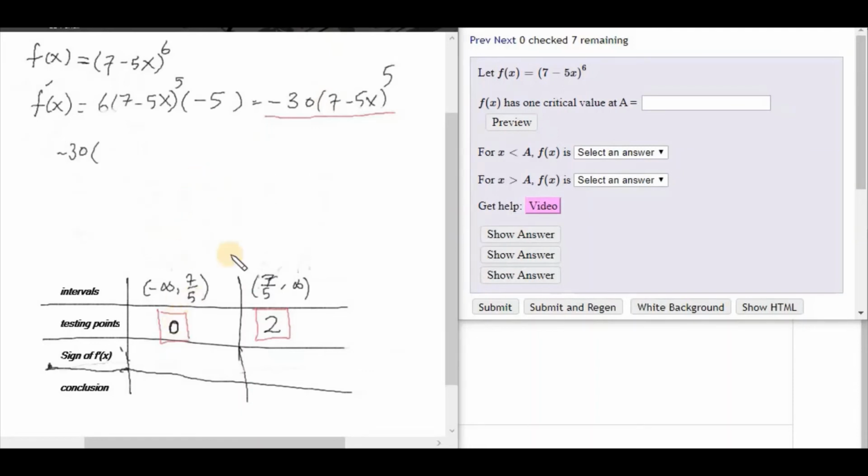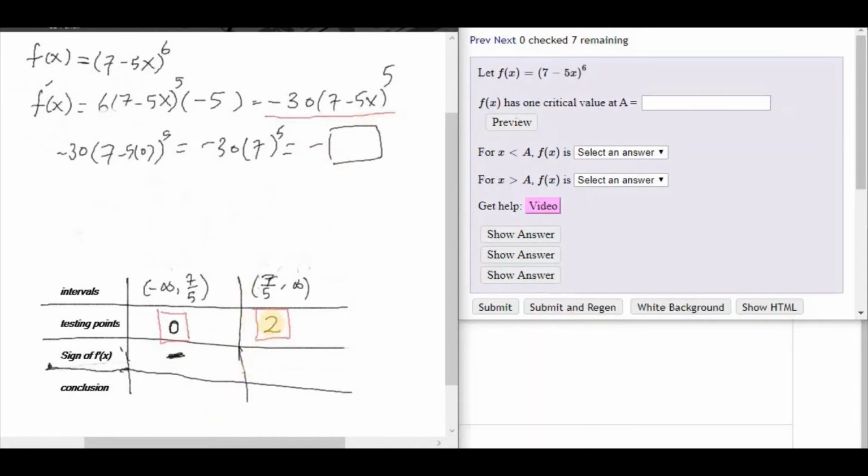So if I plug 0 into the derivative function, I will get negative 30 times 7 minus 5 times 0 all to the fifth power, which is equivalent to negative 30 times 7 to the fifth power, since 5 times 0 is 0. I notice that the answer here is going to be negative. I don't care about the value. I just need the sign of the answer. So the sign is negative something.